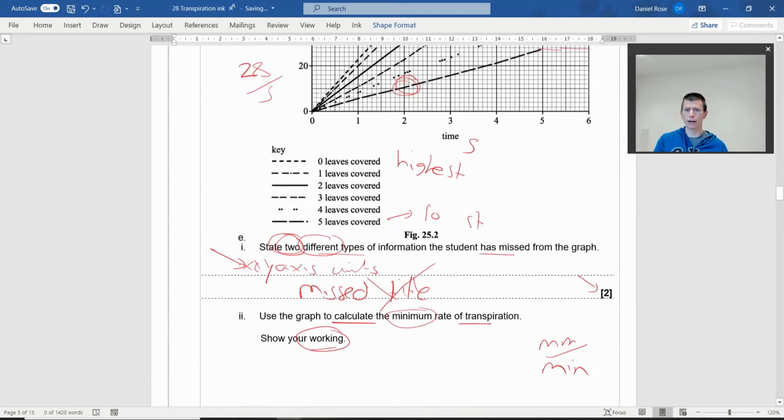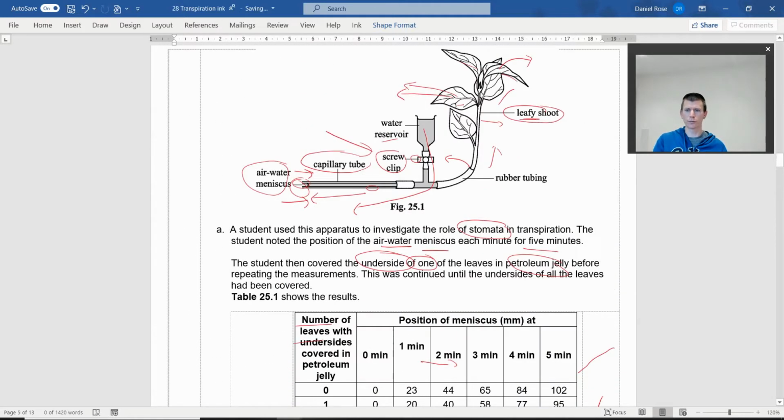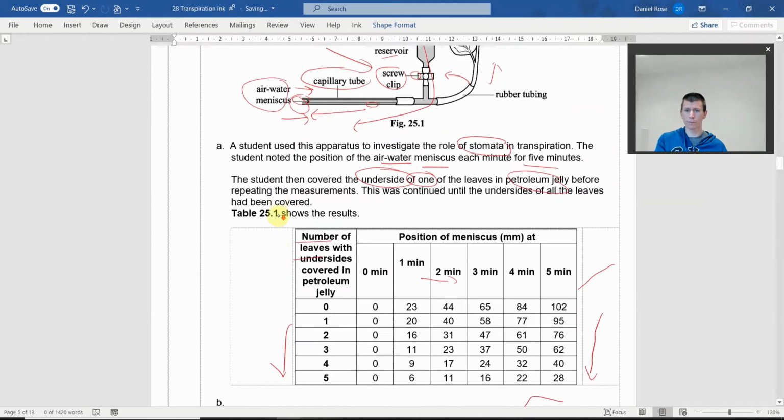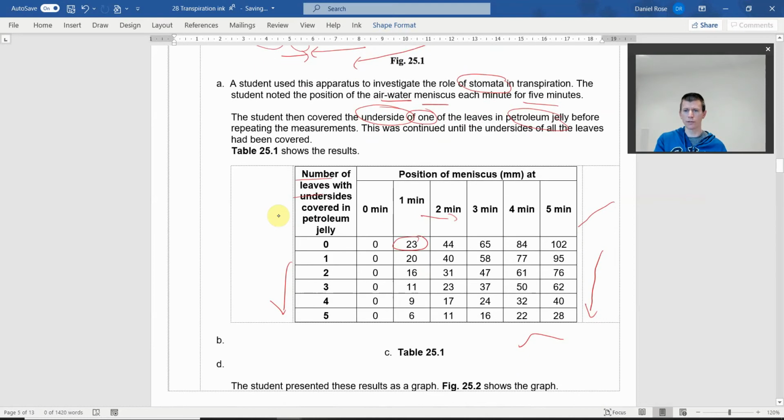So let's just go back and have a look at that data again, why we might have lost. So what we highlighted could be useful. Well, look at the data, they've only measured to whole numbers in millimetres. That's one thing.